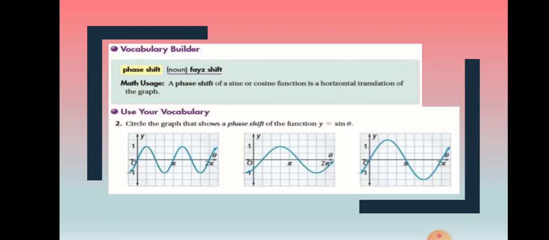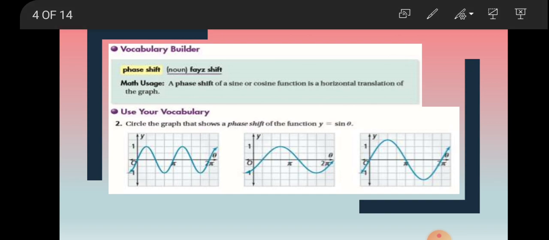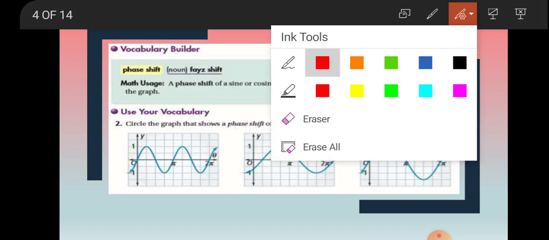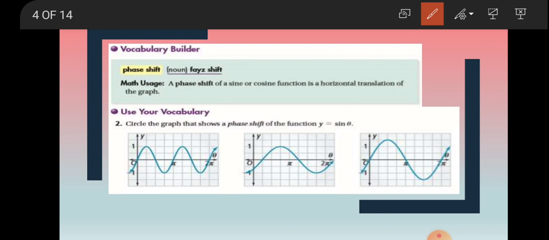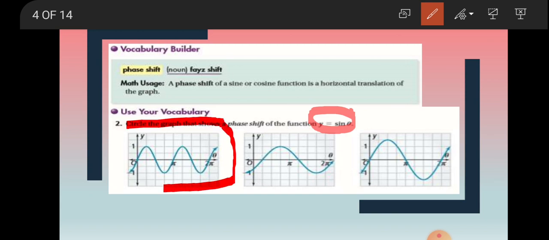Let's see how we can apply what we learned right now with the phase shift on this question here. Circle the graph that shows a phase shift of the function y equals sine theta. So y equals sine theta is a parent function, right? This is a parent function. That is not our phase shift, right?